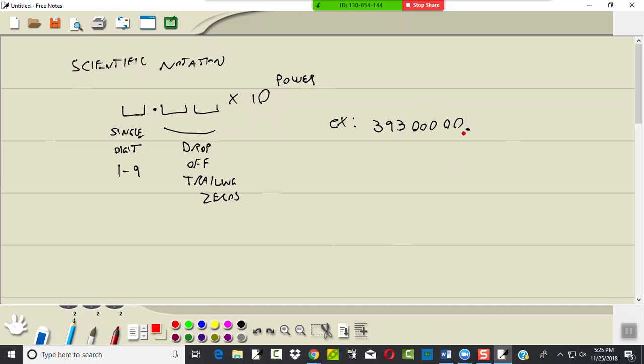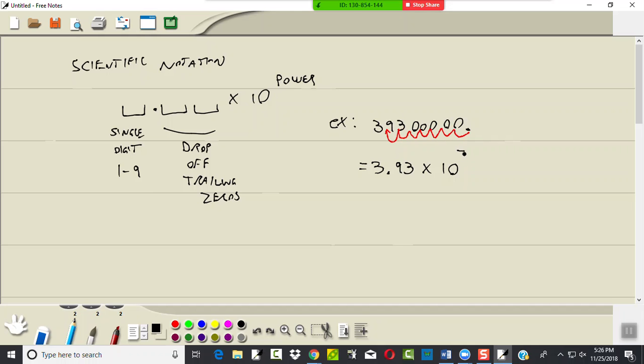So we're going to move this decimal point 1, 2, 3, 4, 5, 6, 7 places to the left. So this is going to be 3.93, dropping off the trailing zeros, times 10, and then how many places you moved it is the number you put here. 7.